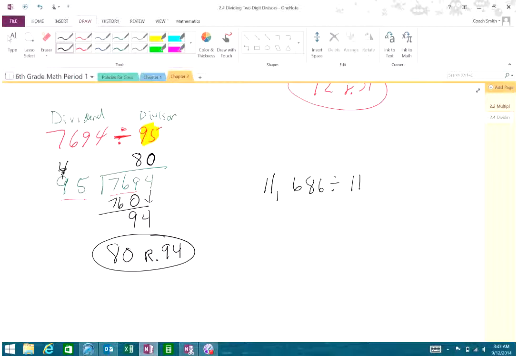No, you subtract there and then bring down the number. Yeah, subtract.